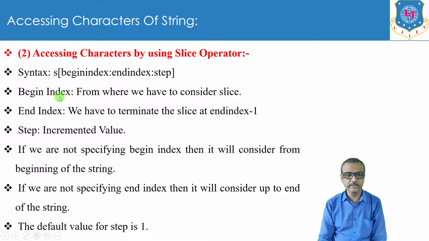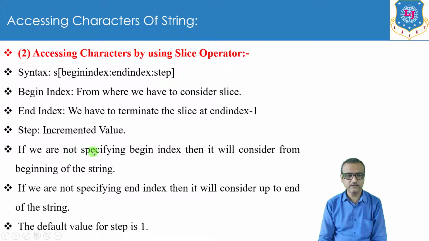Now what is begin index? It is from where we have to consider the slice. Now what is end index? We have to terminate the slice at end index minus 1. Now what is the step? That is the increment value. By default, it will be incremented by 1.